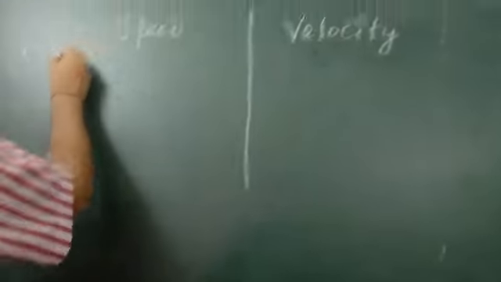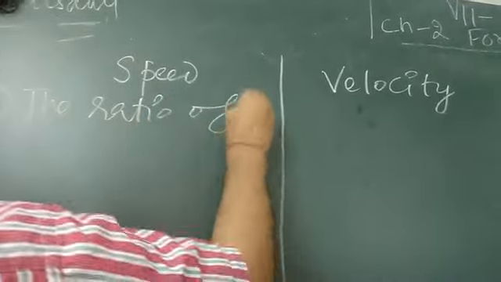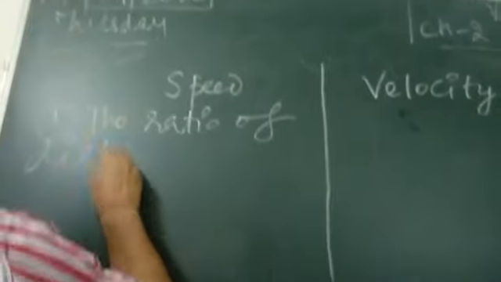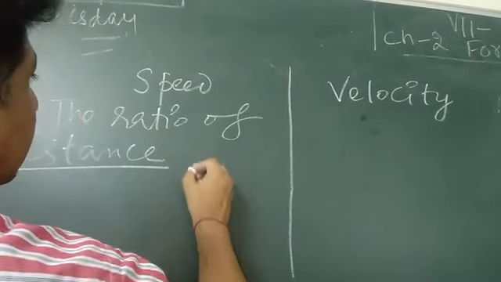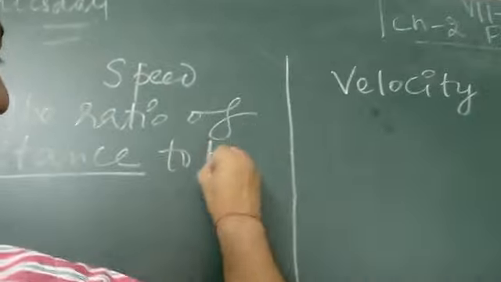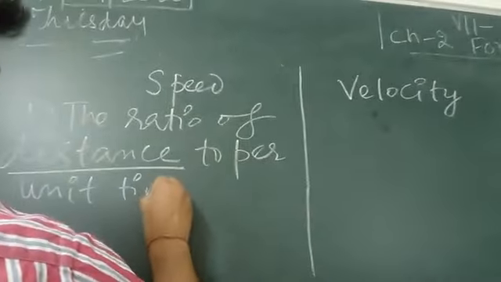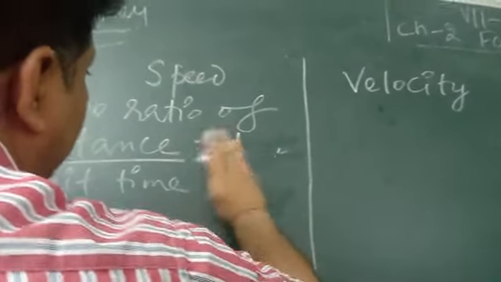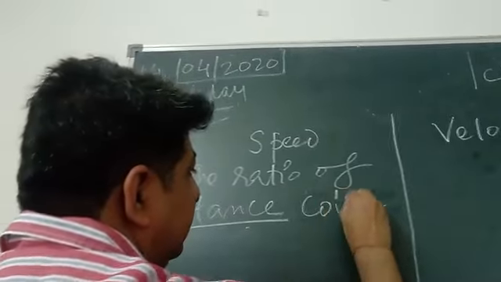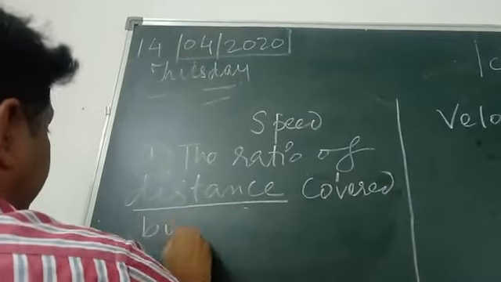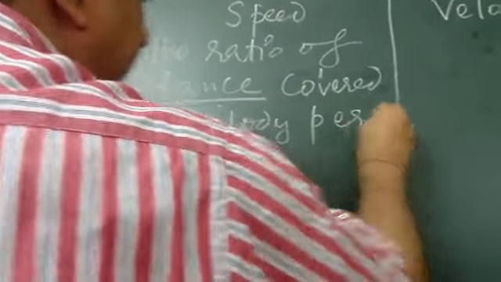First, the definition part: speed is the ratio of distance covered by the body per unit time.